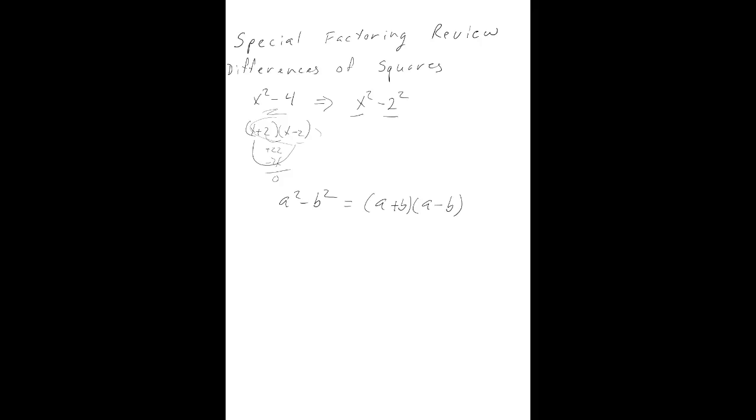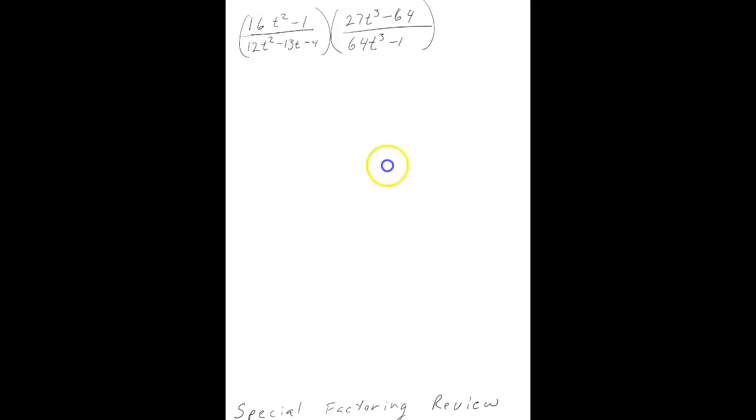Okay, so now let's go back up to the problem here, and we can look at our first term. That's really a difference of squares. So we have 16t squared minus 1. That can be rewritten as 4 squared t squared minus 1. And now it's in the difference of squares format.